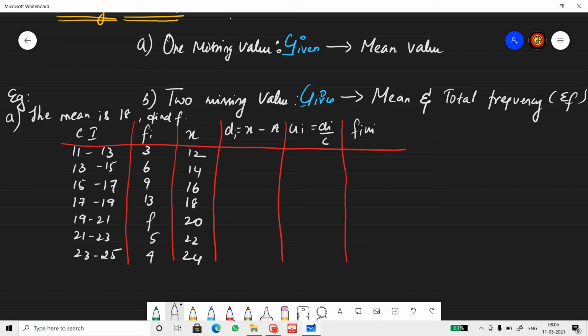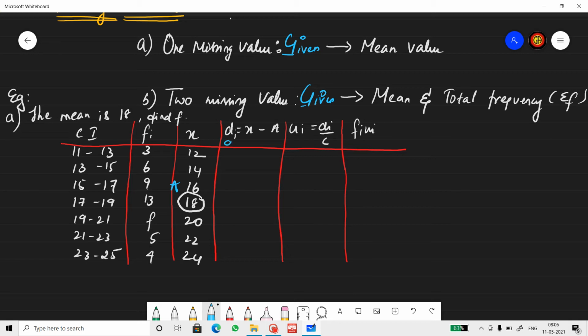Then di equals x minus a. So I need to fix what a is. If I count my x values, I'm getting 1, 2, 3, 4, 5, 6, 7. 7 means I'll get exactly one number in the middle and I'm going to take that as A. So A is 18.